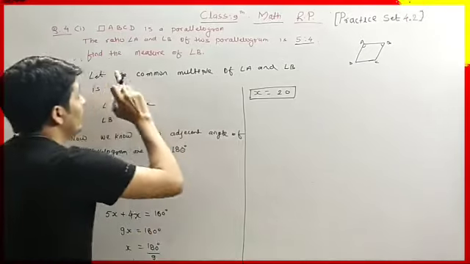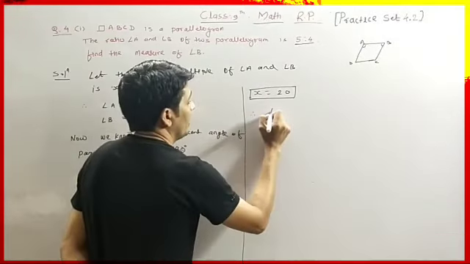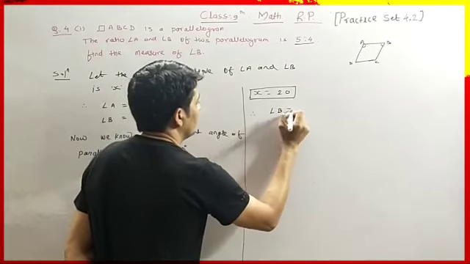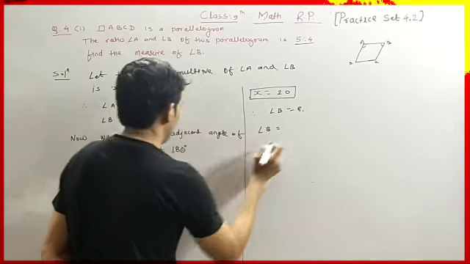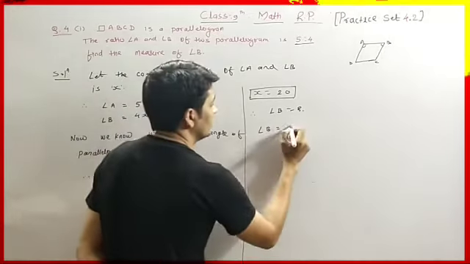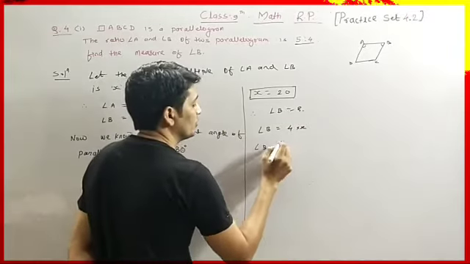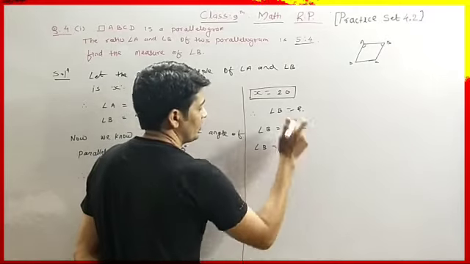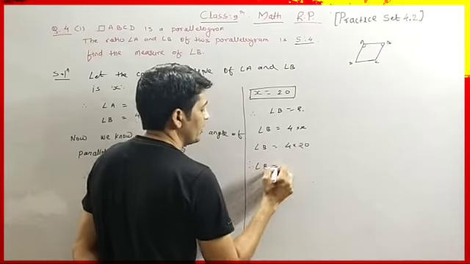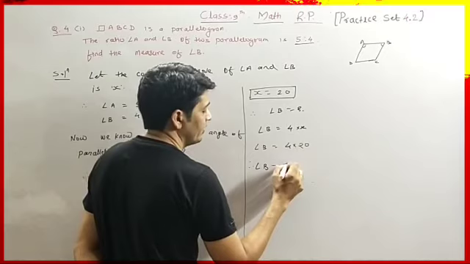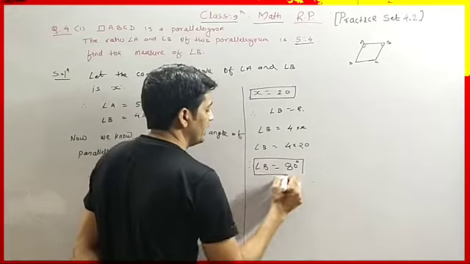Now we have to find the measure of angle B. Angle B equals 4x, which is 4 into 20, that is 80. So the measure of angle B will be 80 degrees.